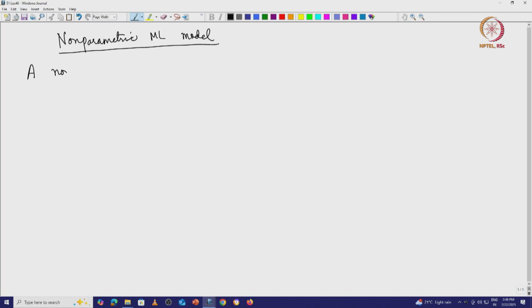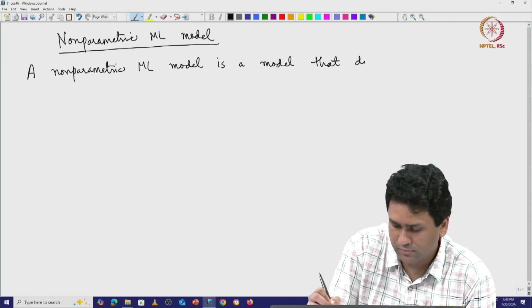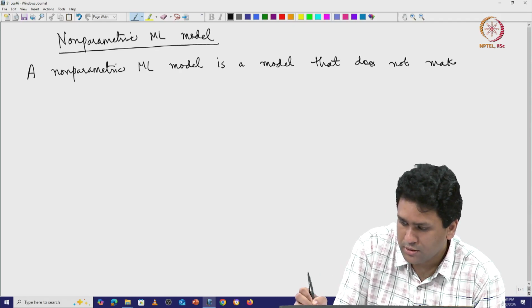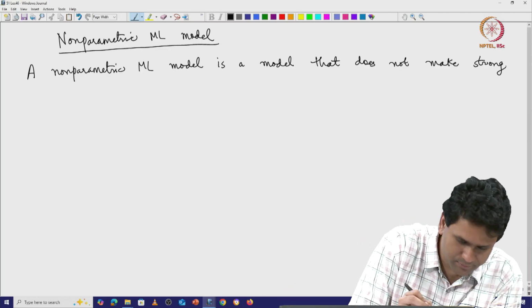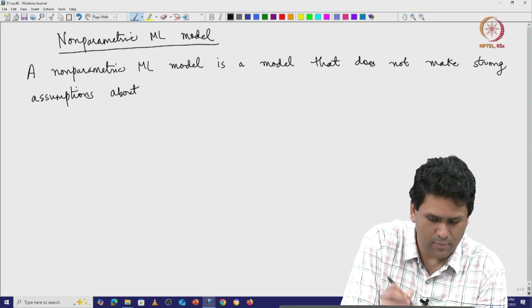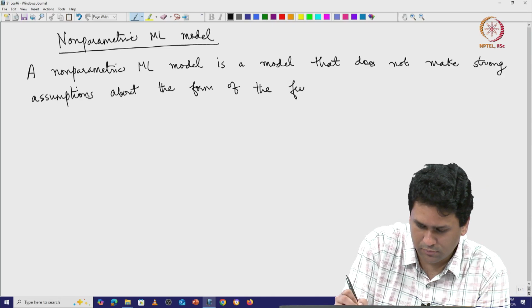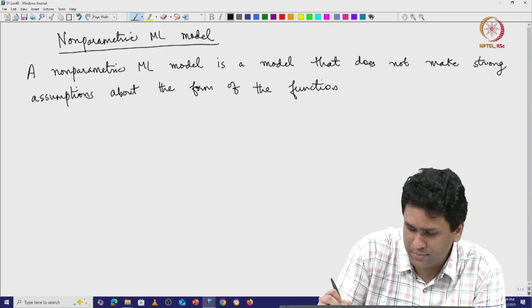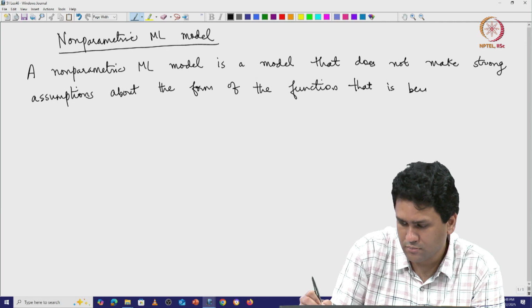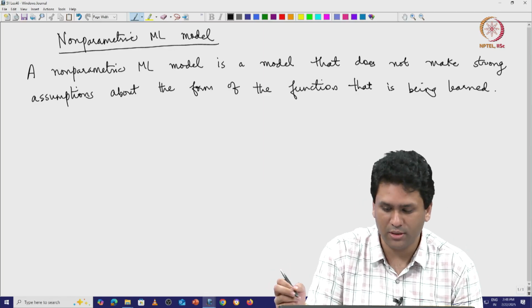A non-parametric ML model is a model that does not make strong assumptions about the form of the function that is being learned. Okay, so you do not make any strong assumptions about the form of the function that is being learned.